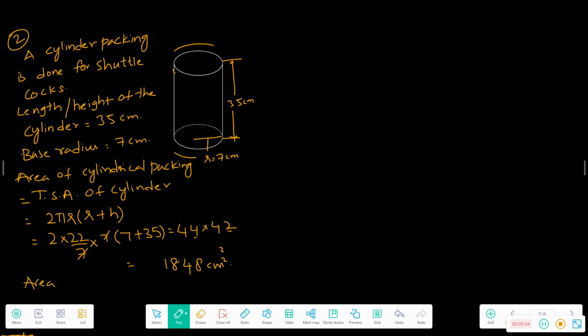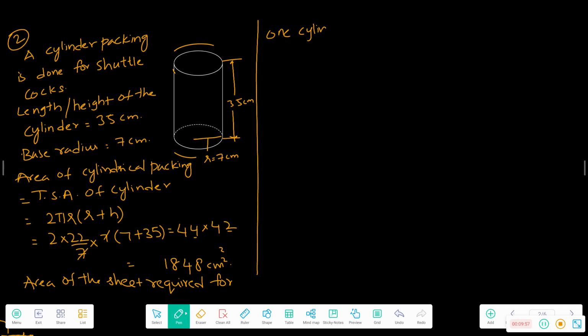So area of the sheet required for one cylinder is equal to 1848 centimeter square. Now we need to find the area of the sheet required for 100 such cylinders.